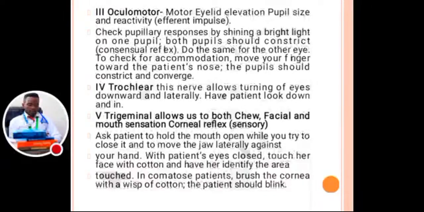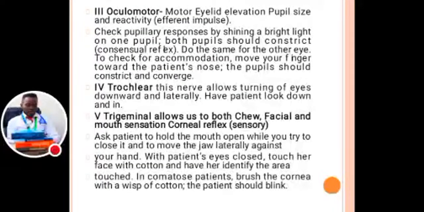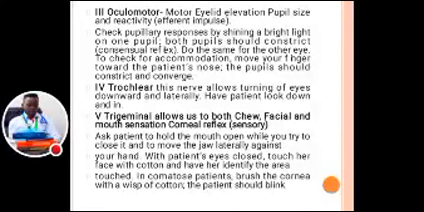So you need to check your pupillary response to a bright light on one pupil. You examine the pupillary response by shining a bright light on one eye, on one pupil.